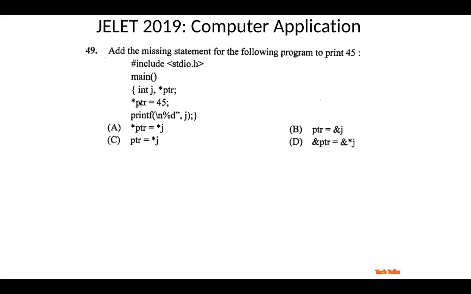So what is missing here? The missing thing is a relation between j and this pointer. This relationship is missing. Basically the pointer is the address of this integer j.